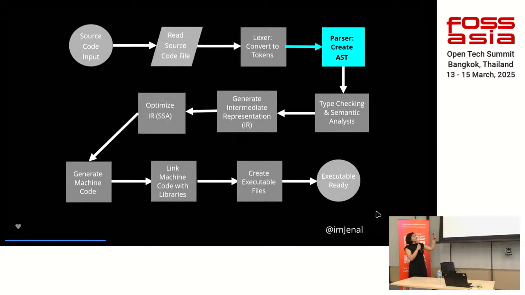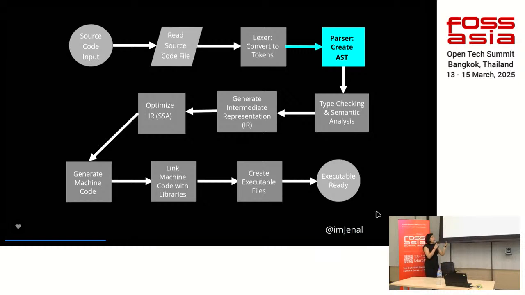Once the Lexer converts your code into tokens, they get passed as input to the parser. The parser takes the stream of tokens produced by the Lexer and constructs a tree-like structure, the abstract syntax tree, AST, which is the output of the parser.